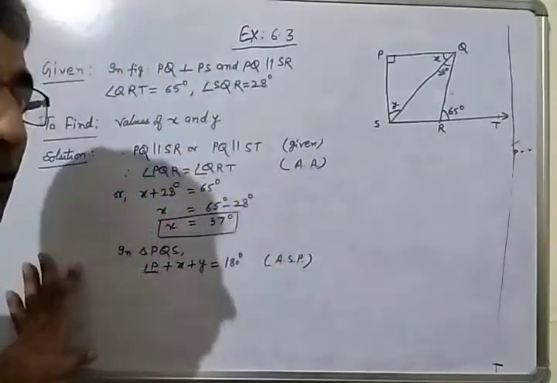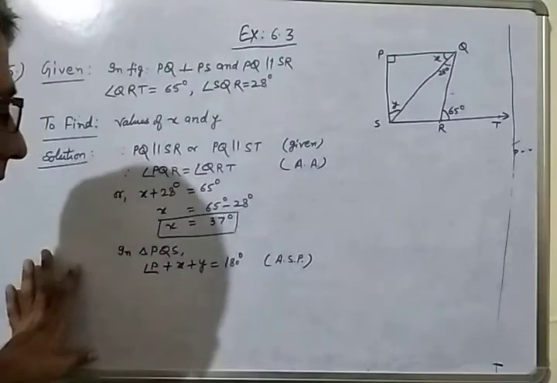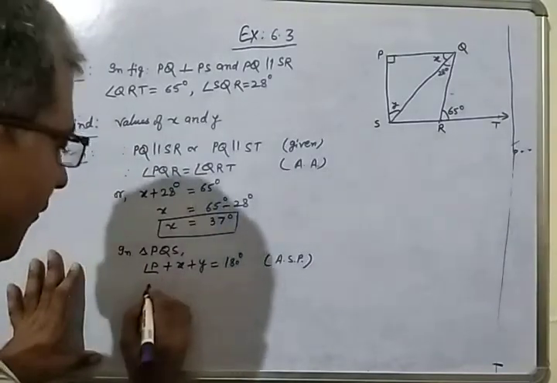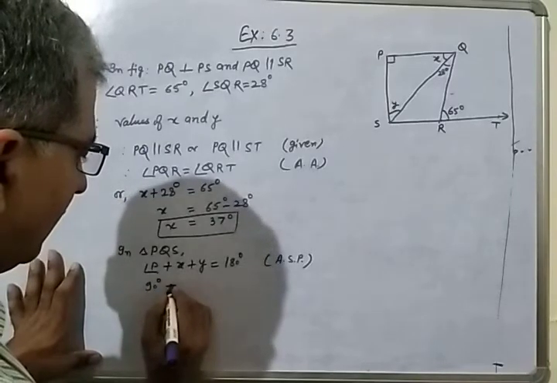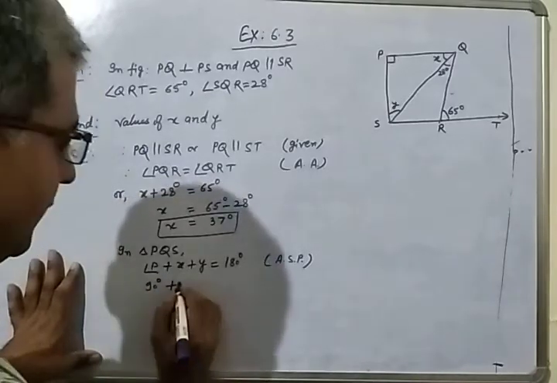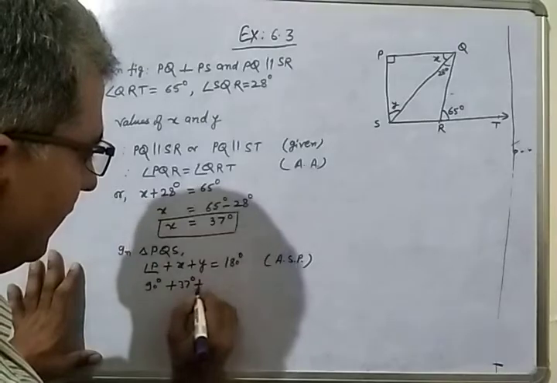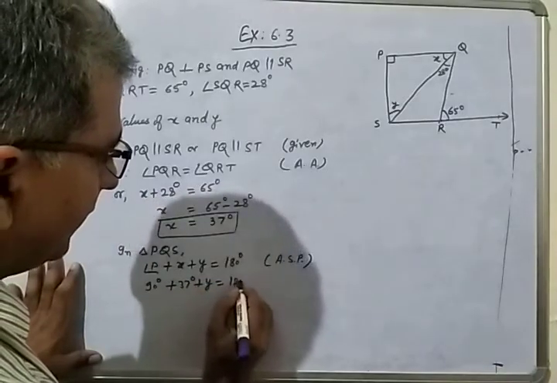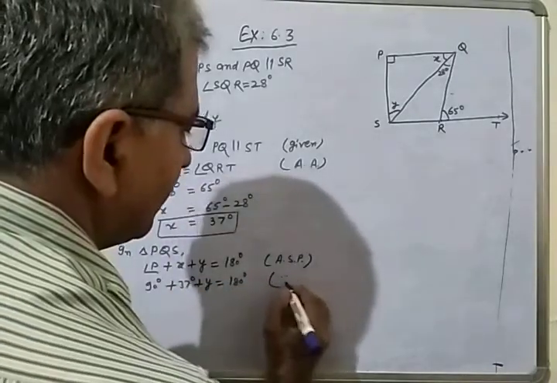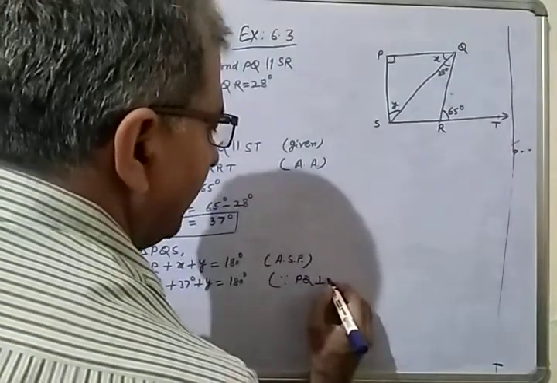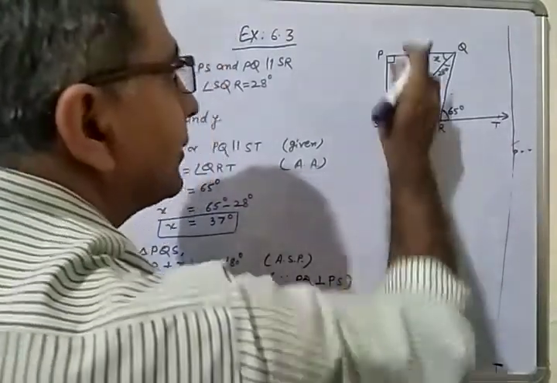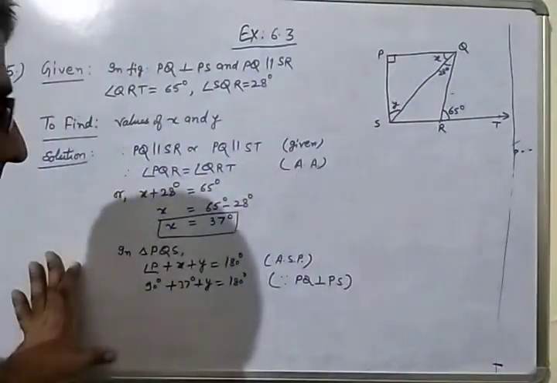The sum of angles of a triangle is 180 degrees. Put the value of angle P, that is 90 degrees, because PQ is perpendicular to PS, plus 37 degrees plus Y equals 180 degrees.